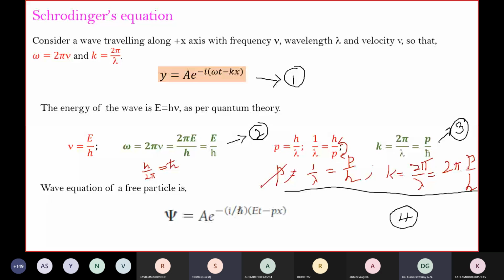Okay, so minus 1 into A P square by h cross whole square e power minus i by h cross into Et minus Px. You write that A into e to the power of minus i by h cross Et minus Px as psi. It is same as the original psi, right? Yes, sir. Replace and tell me.